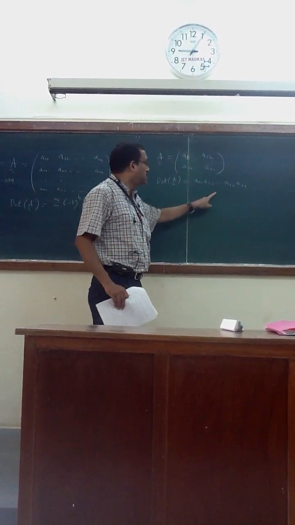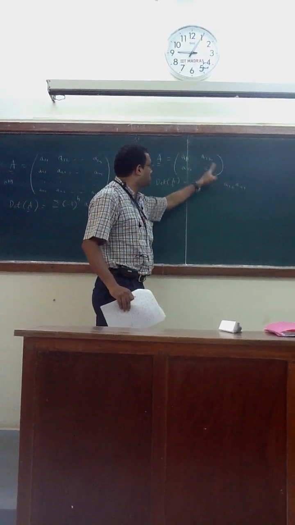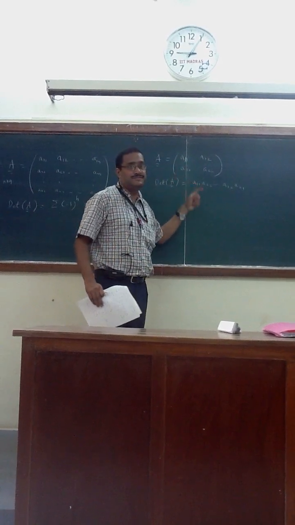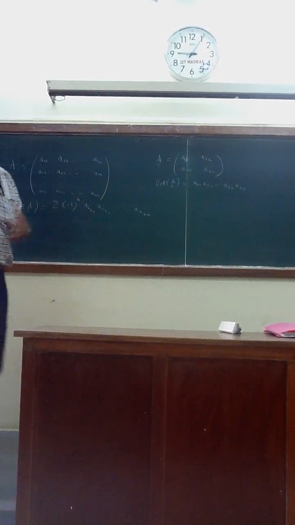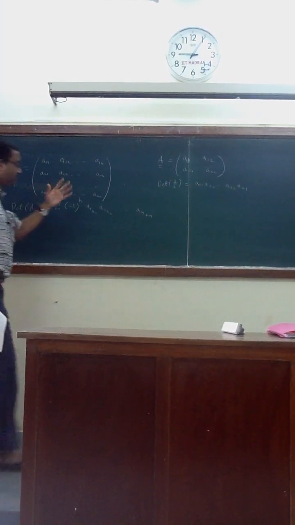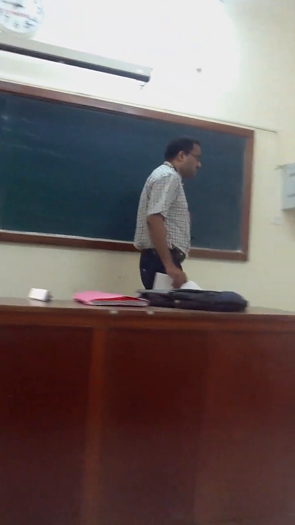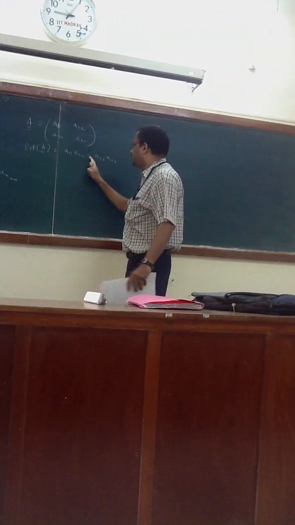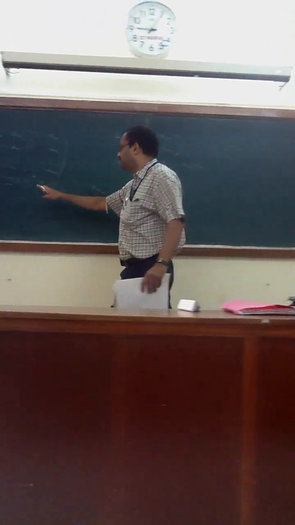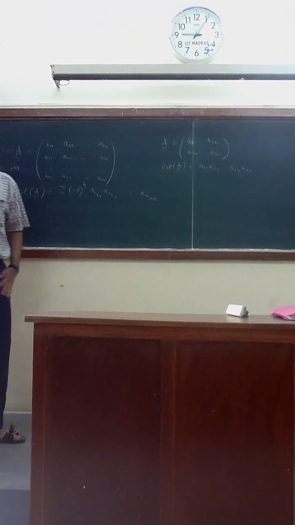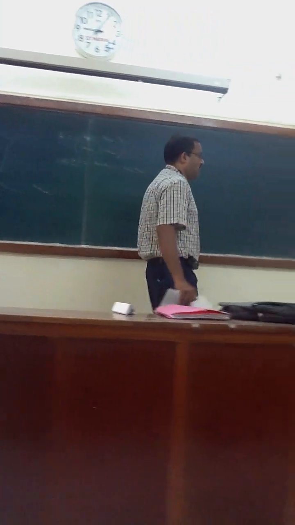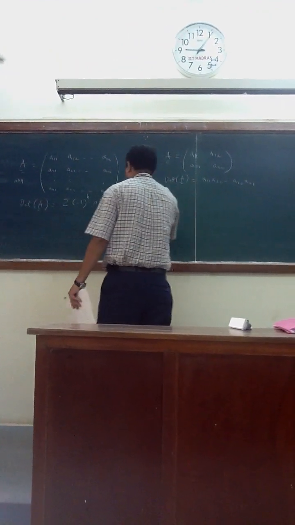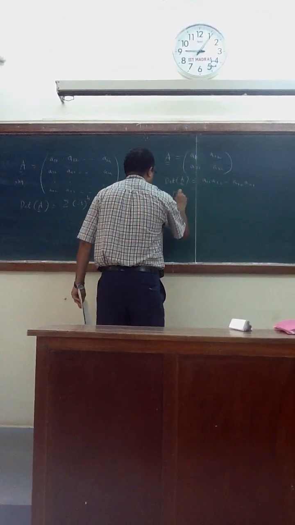So at a time from this set, only one will be selected. The same concept can be extended to the n by n system, and the only determining factor is how this plus or minus will be. I am saying summation of (minus 1) to the power h. h could be 0, h could be 1, h could be 2, and so on. So first I will apply this formula for 2 by 2, and let's see how we can derive it.